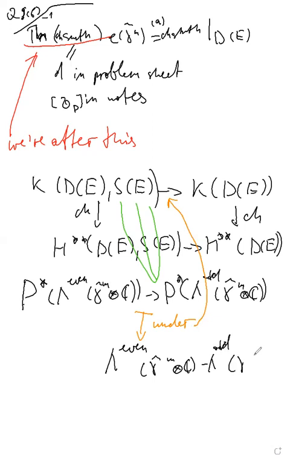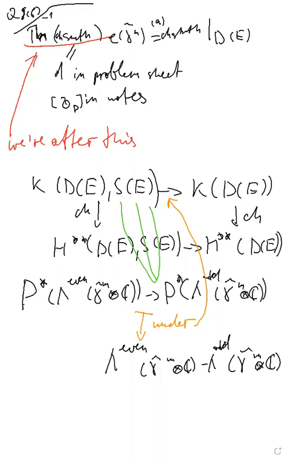Maybe it's a stupid question, but why is this isomorphism an element of this K theory? Well, let's remember what the relative K theory is.